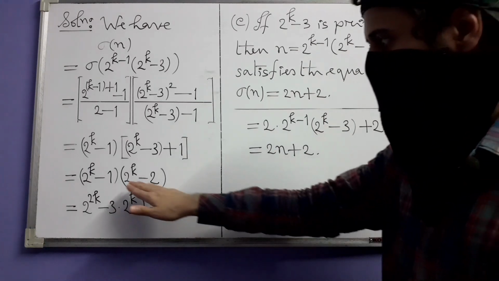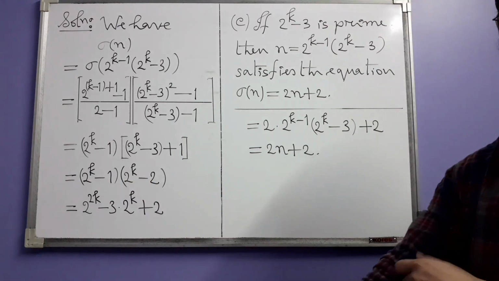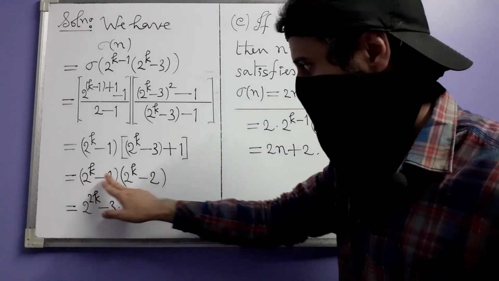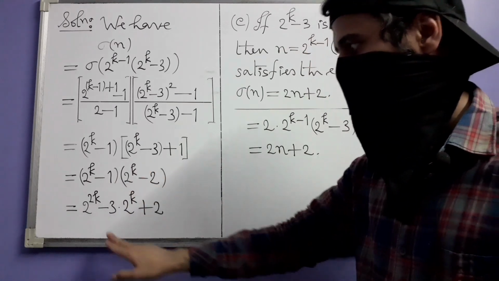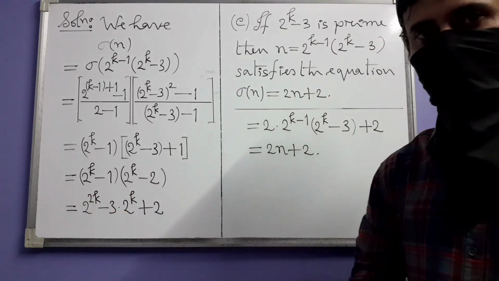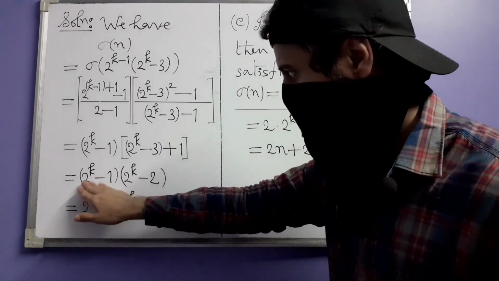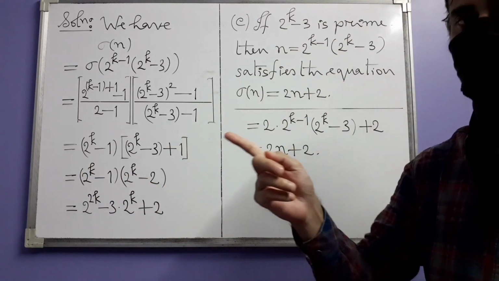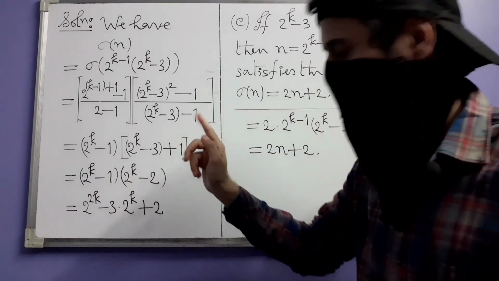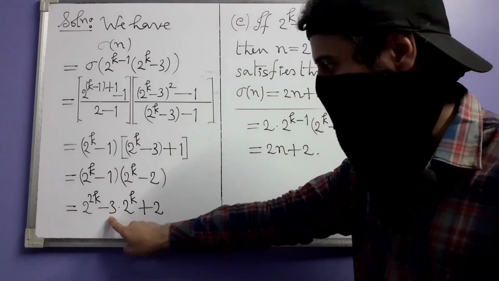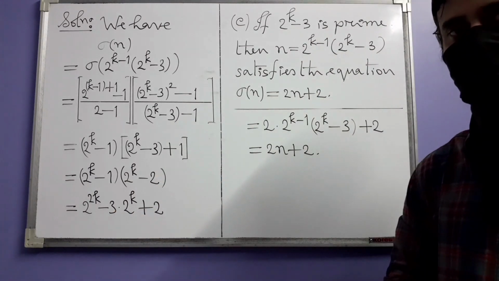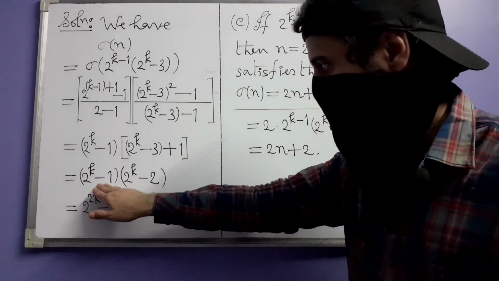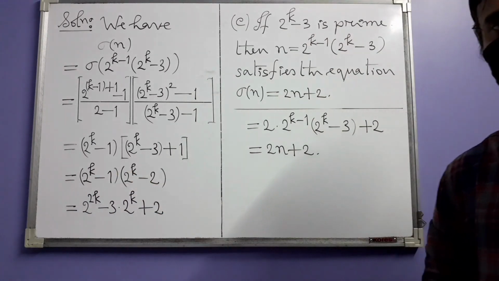But anyway, now if we do the multiplication, what are we going to get? 2 to the power k times 2 to the power k is 2 to the 2k. 2 to the k times minus 2 is minus 2 times 2 to the k, and another minus 2 to the k. So that is minus 3 times 2 to the kth power. Minus 1 times minus 2 is plus 2.